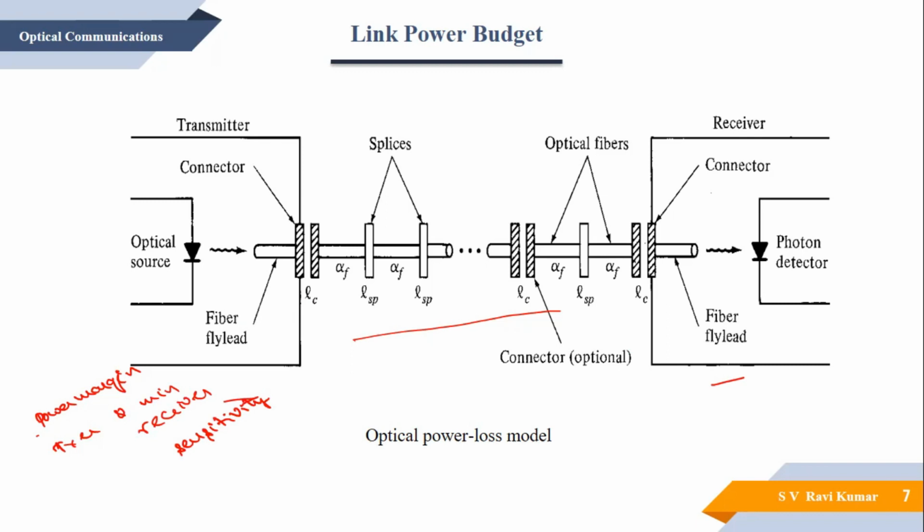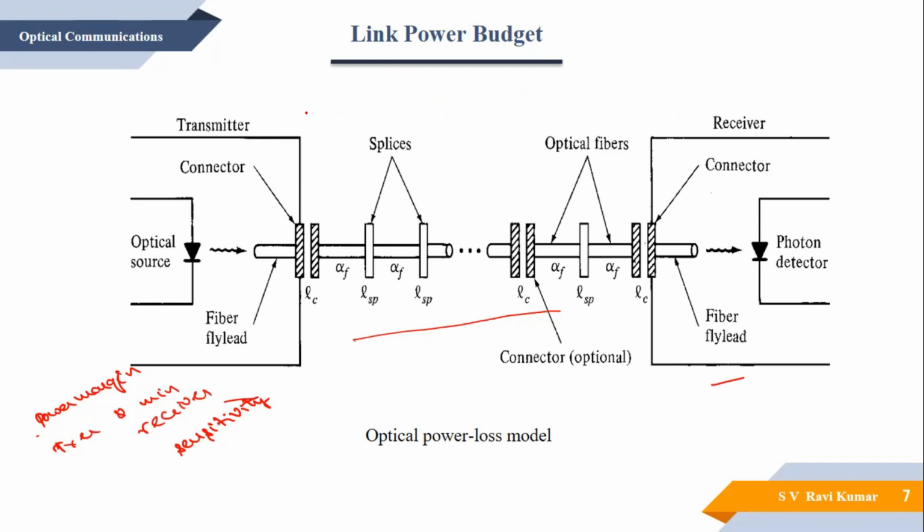Assuming that P in is the input power and P out is the output power, the loss is taken as 10 log P out by P in. So this is the loss.